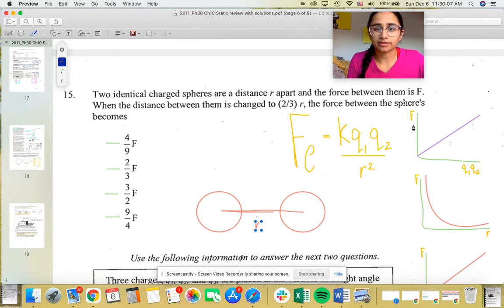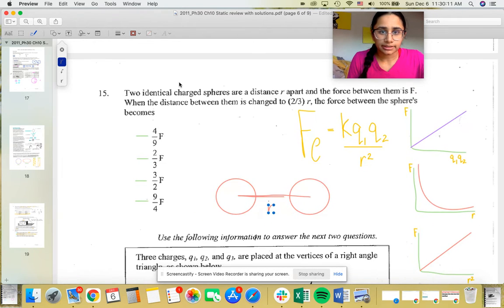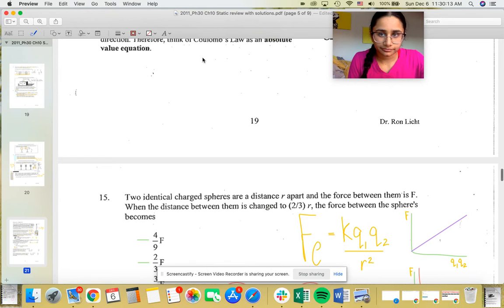And we're going to equate the first part of it to 1. So I'm going to do it up here. So 1 over the distance changed to 2/3 of r, which is 2/3 squared.